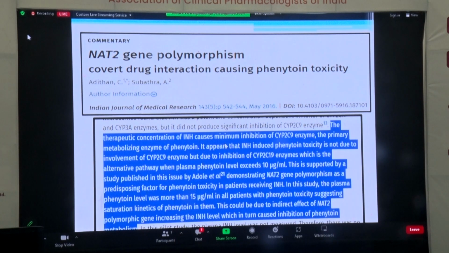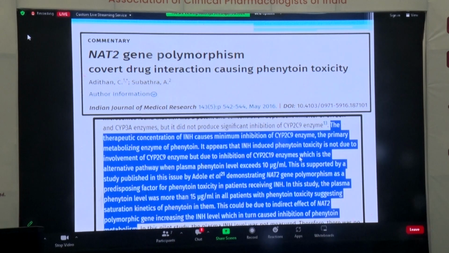However, in some of the patients, they found out this INH-induced phenytoin toxicity was not due to the involvement of CYP2C9 enzyme, but it was due to inhibition of CYP2C19 enzyme, which is in the alternative pathway of metabolizing phenytoin when the phenytoin level exceeds 10 microgram per ml.